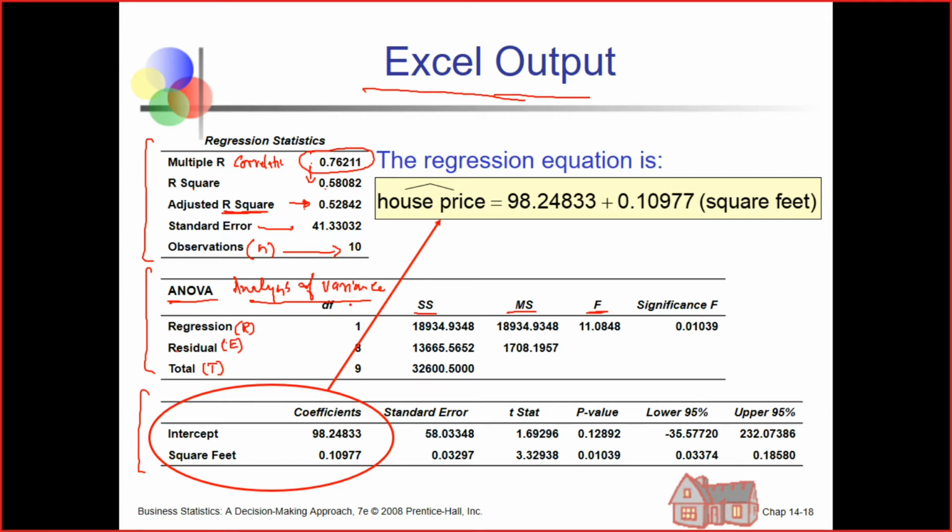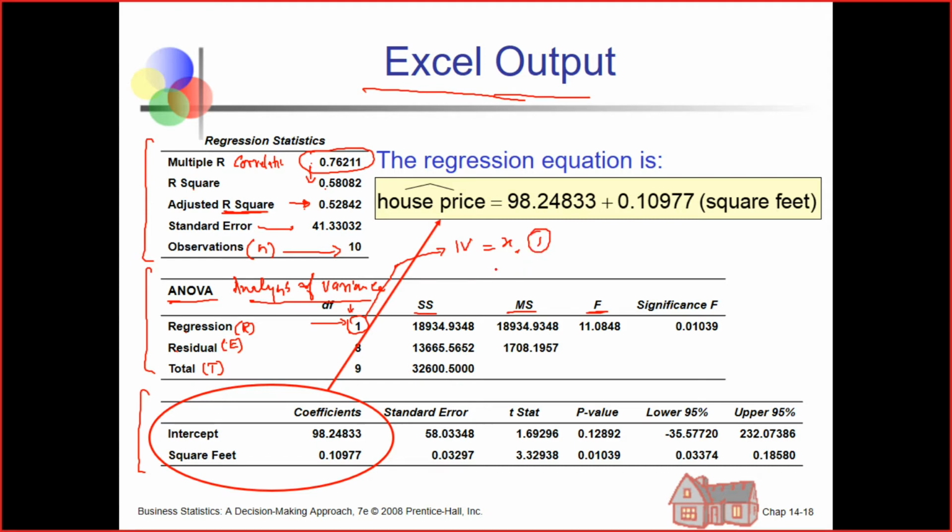First we'll have the degree of freedom. This is the number 1, the regression degree of freedom. It denotes the number of independent variables. So in simple regression there is only one x, so the value will be 1.